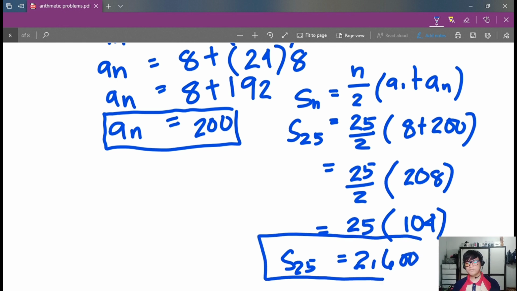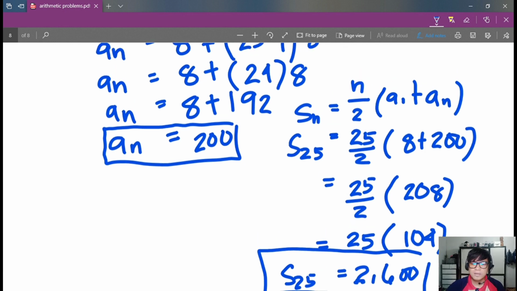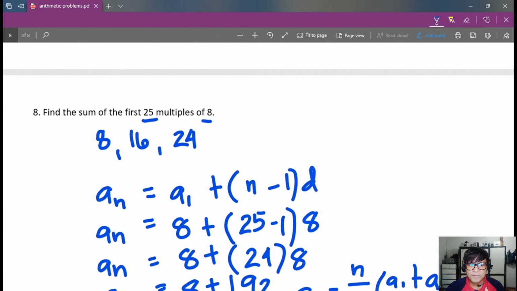So, this is the sum of the first 25 multiples of 8. Let's continue our sequence. 24 plus 8 is 32. Next is 40. 40 is the 5th term. The 10th term is 80.